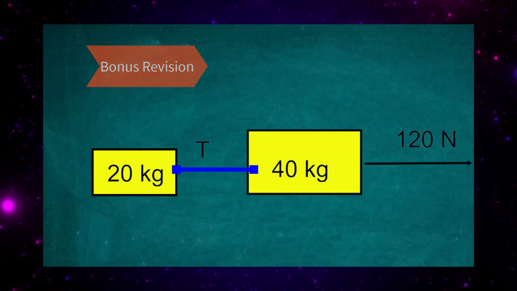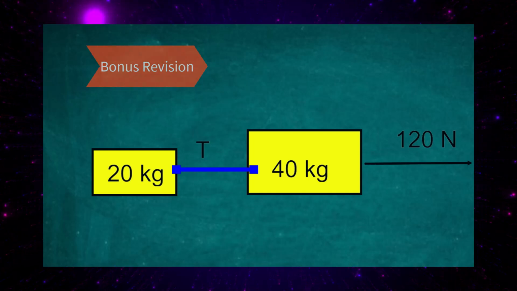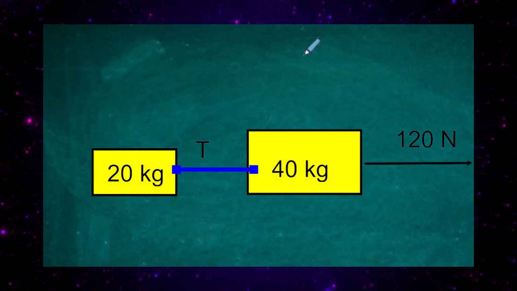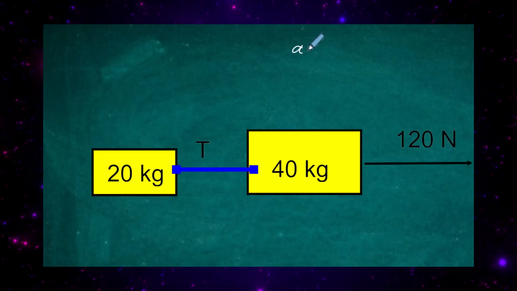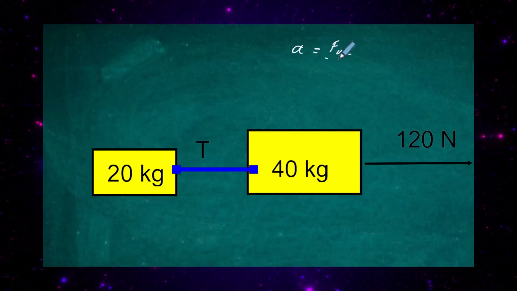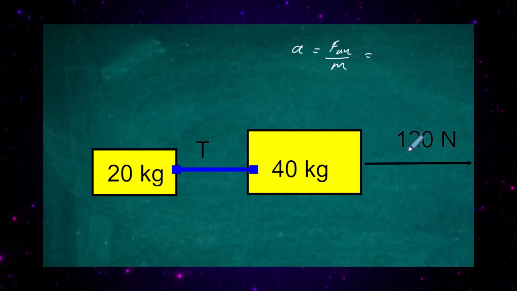Now, the strategy for this is to find the overall acceleration. First of all, we find the overall acceleration by combining the two masses. So acceleration is equal to the unbalanced force divided by the total mass. There's only one force acting on these two blocks, which is the 120 newtons.